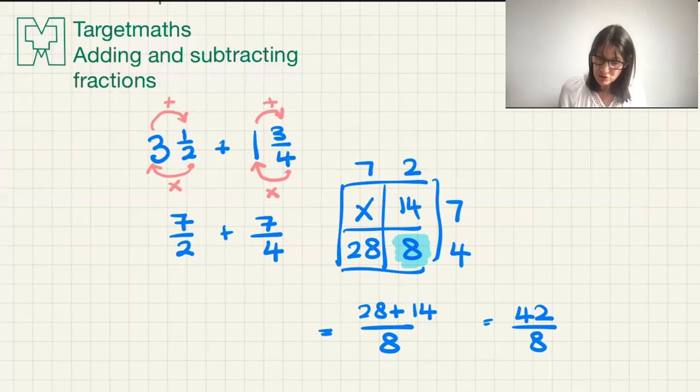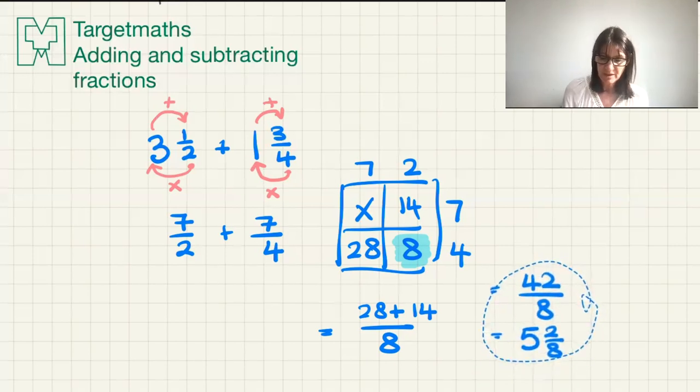I only need to change if I'm told to. And if I am told to do it into a mixed number, then I am going to say, how many 8s can I get into 42? I can get 5 8s. So there's a 5. I can get 5 8s of 40. I've got 2 left over, and I've got 5 and 2 eighths. Let's just bring that up a little bit so it's not falling off the page.